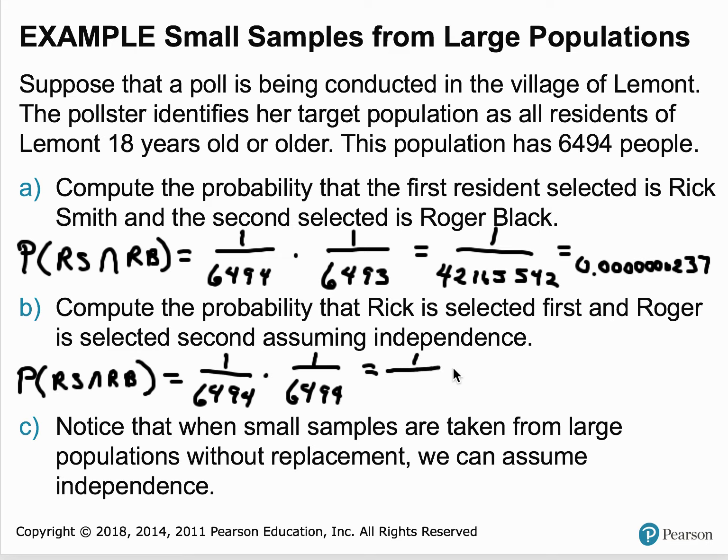So this is 1 out of 42,172,036. Let's do a decimal approximation. 8 zeros.